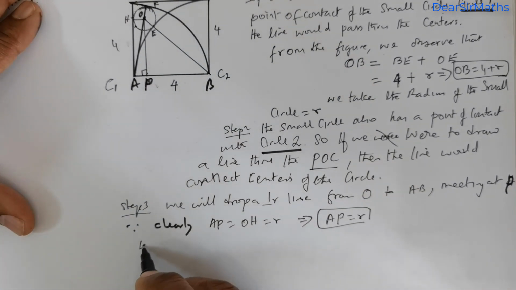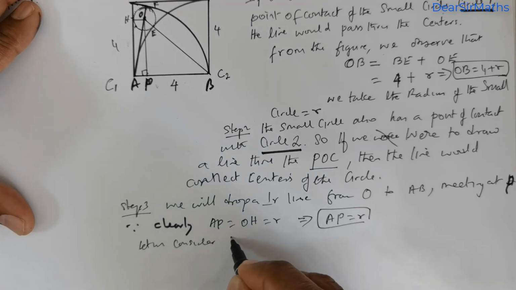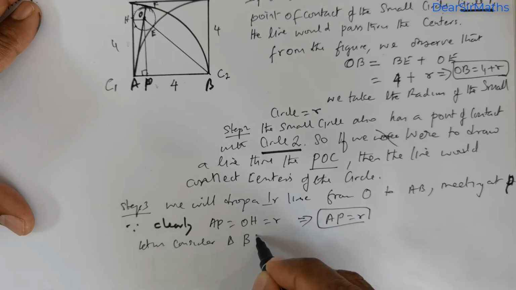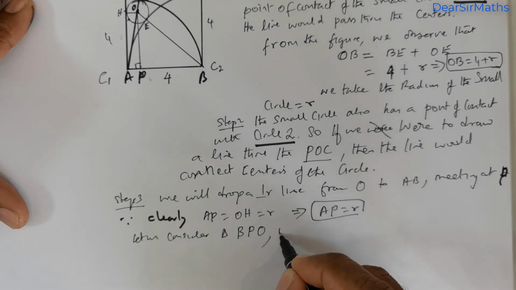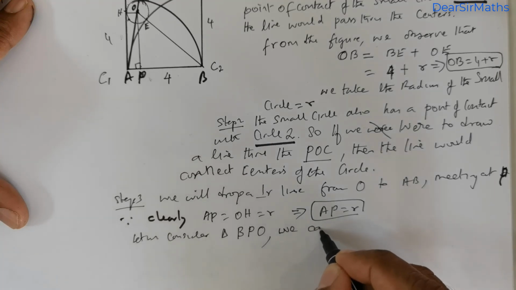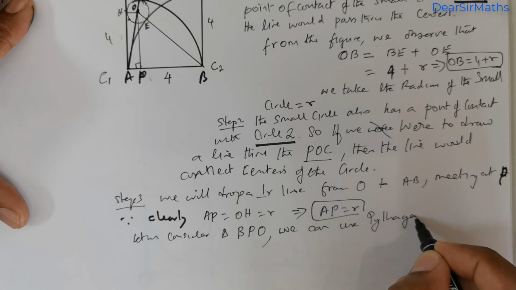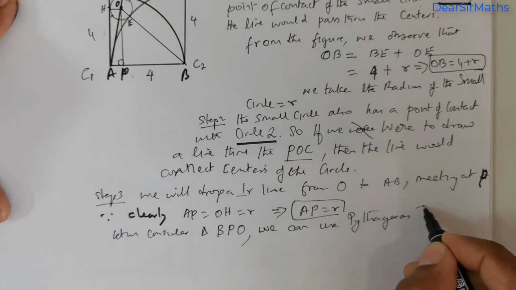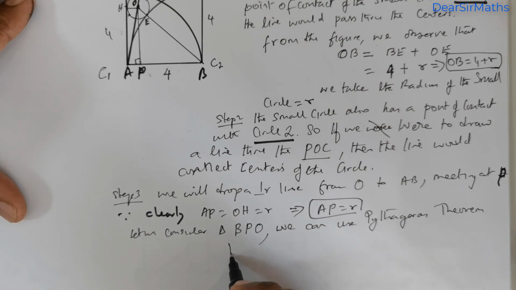Let us consider triangle BPO. Since it's a right triangle, we can use the Pythagoras theorem. So by Pythagoras theorem, what do we get?